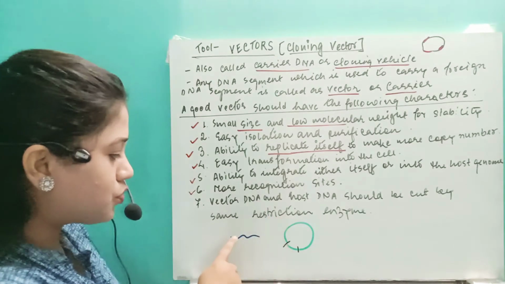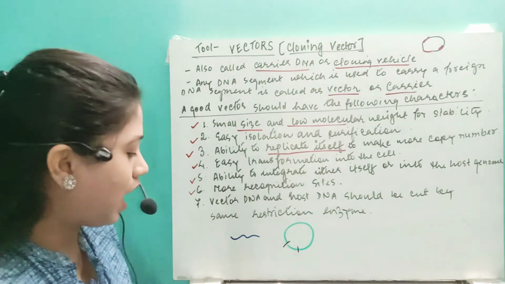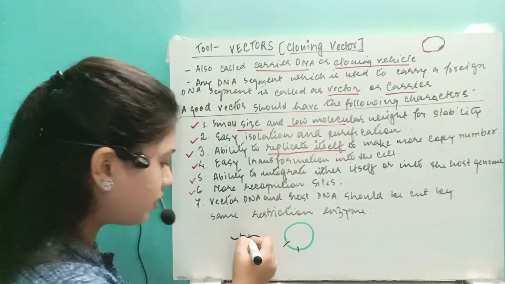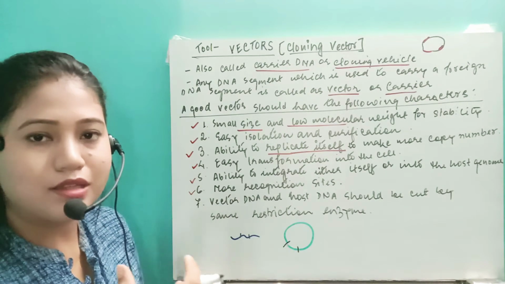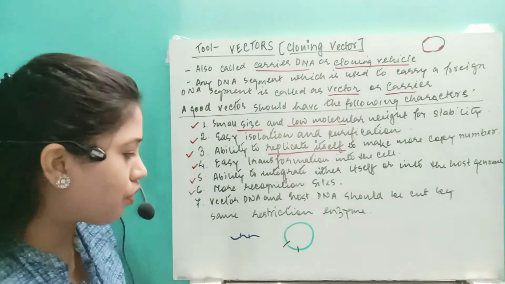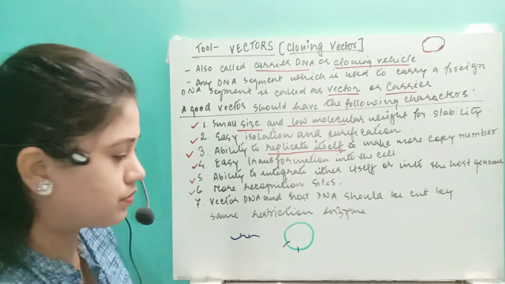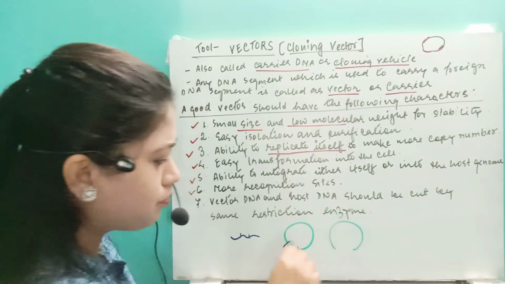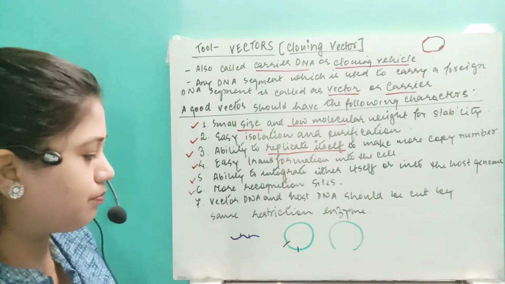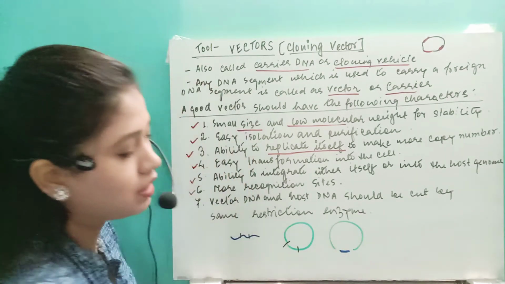If that same restriction enzyme does not cut the gene fragment, and suppose it cuts a different palindromic sequence, then when we want to make a suppose rDNA, this gene fragment will not be able to attach.